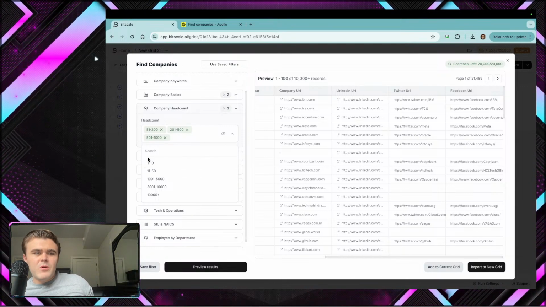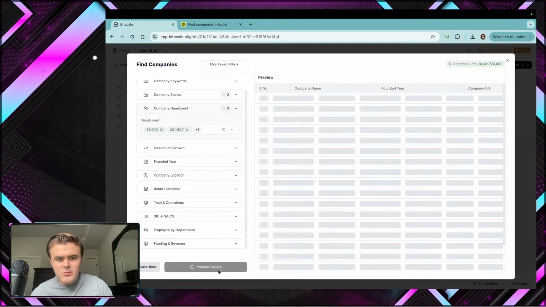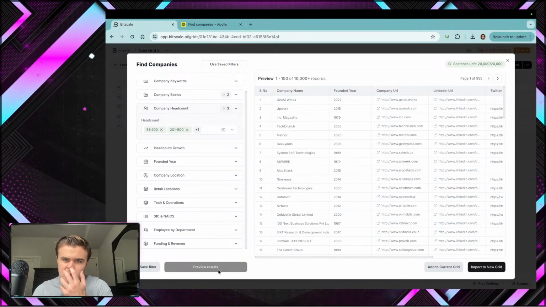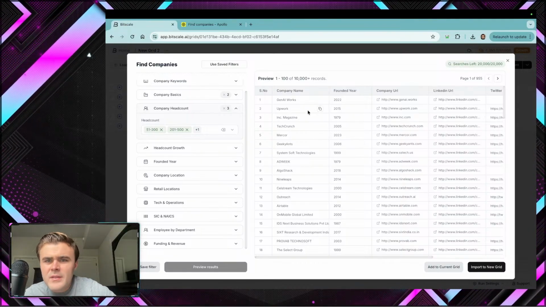You don't want to go too small, and I don't think I want to go the enterprise route just yet. So let's preview this. So we got Upwork, so kind of some software companies. Wow, that's very surprising.